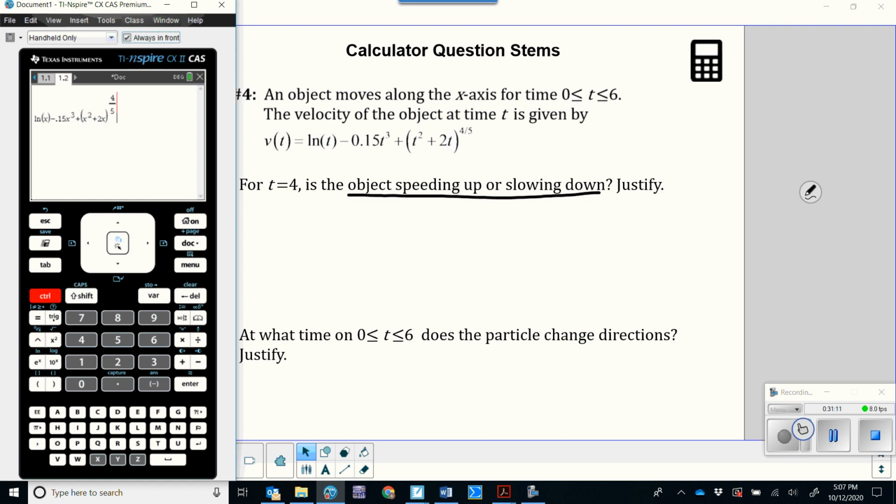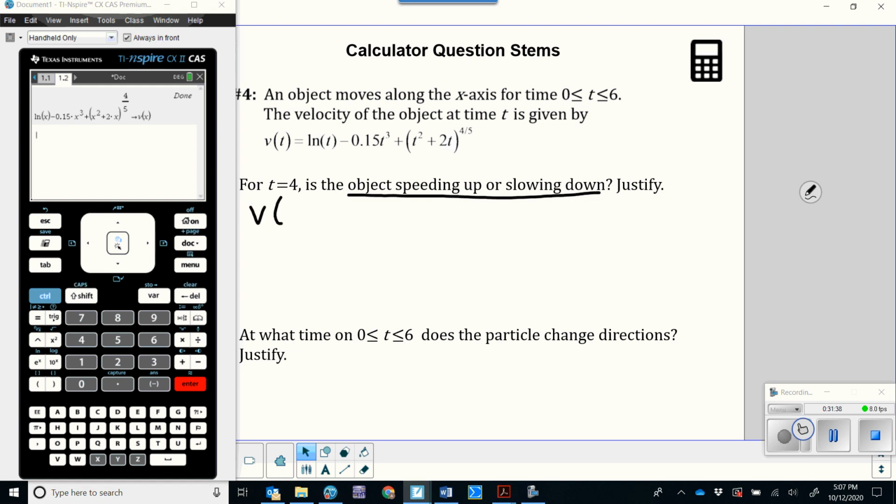Then we want to store this. So that was control of var, and I'm going to store it, and I'm going to call it v of x, because remember, I used x, and I'm going to hit enter. Okay, so it says it's stored, and it's all good. So now for t equals 4, is the object speeding up or slowing down?